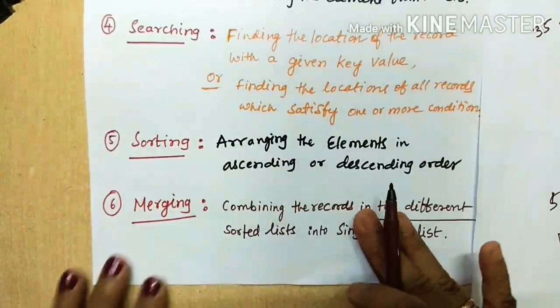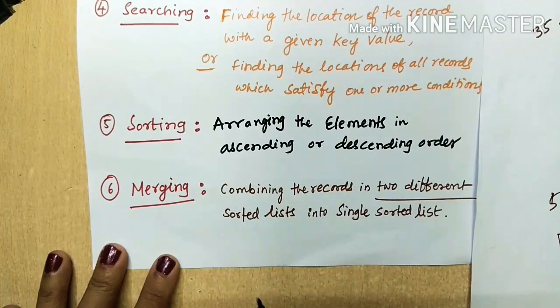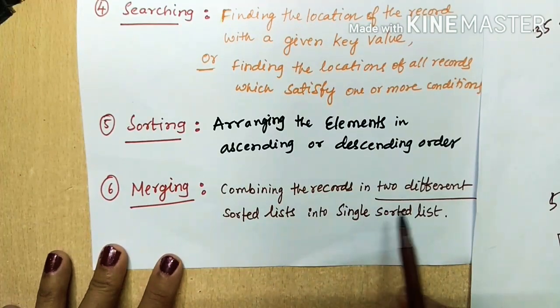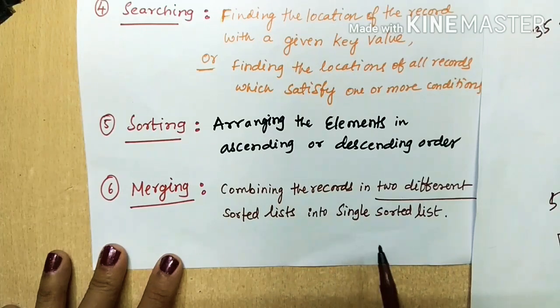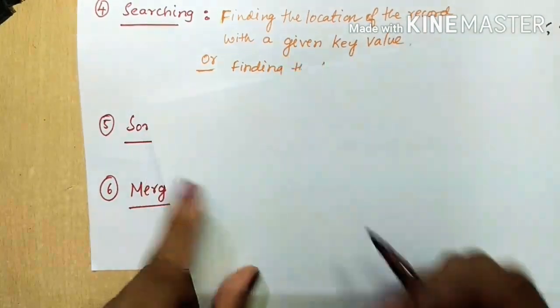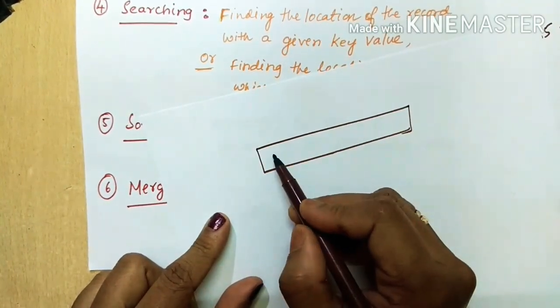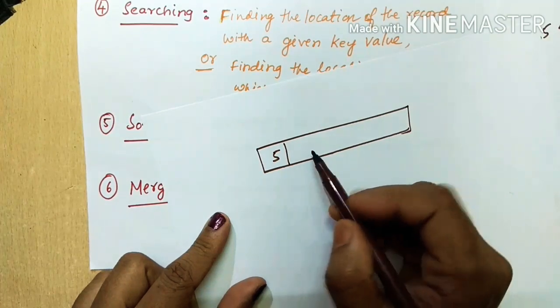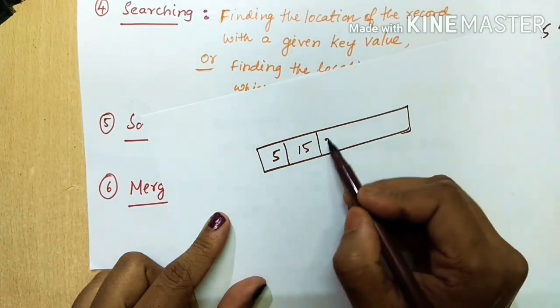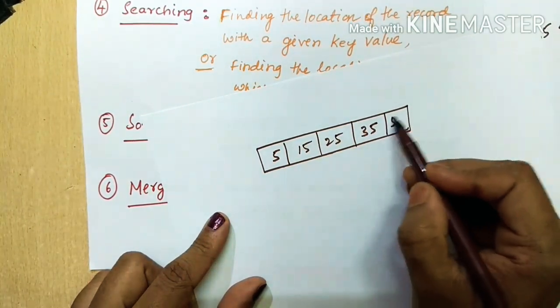And one more, the last operation, is called merging. It is combining the records in two different sorted lists into a single sorted list. It means, see here, I have elements 5, 15, 25, 35, 50.